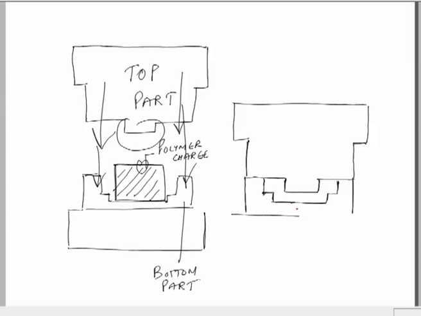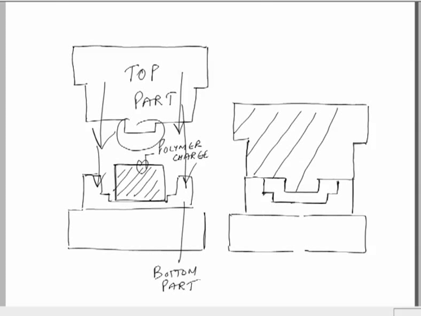On your screen a matched diagram is shown in which the top and the bottom parts of the mold have combined together. If you remember, this was the top part of the mold, and this is the bottom part of the mold.